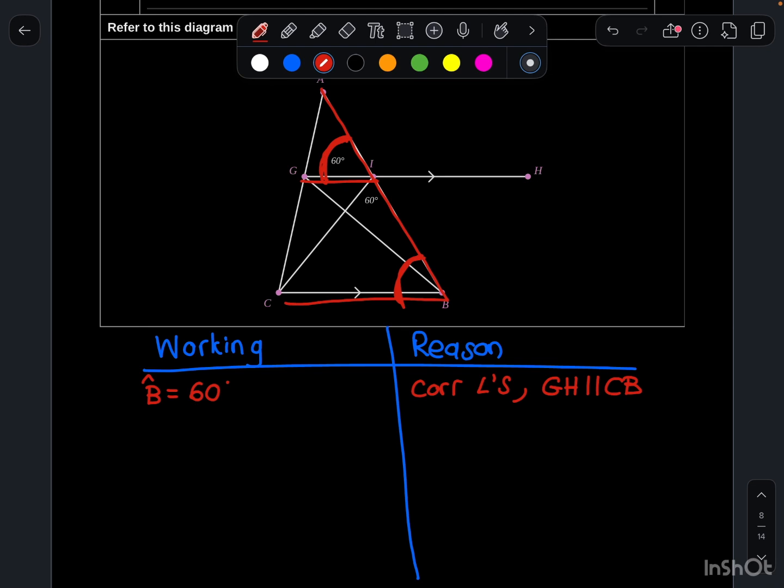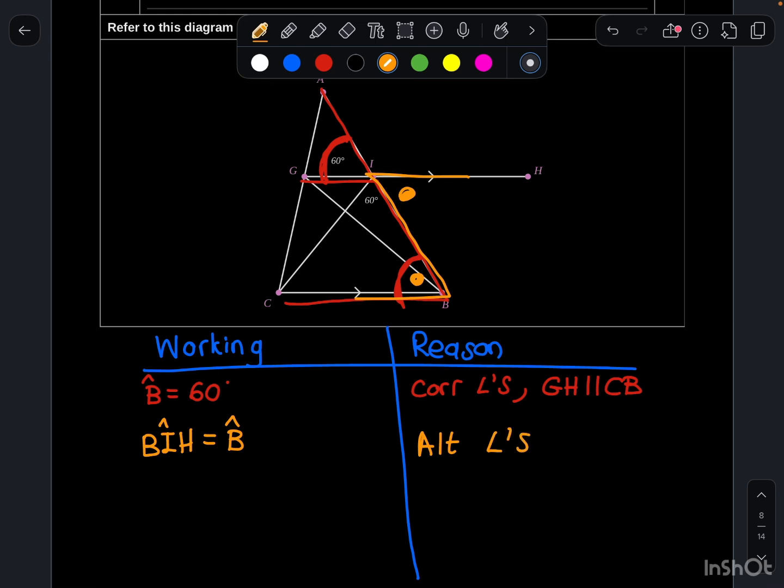And then we did alternating angles and said angle BIH is equal to angle B, because of alternating angles.